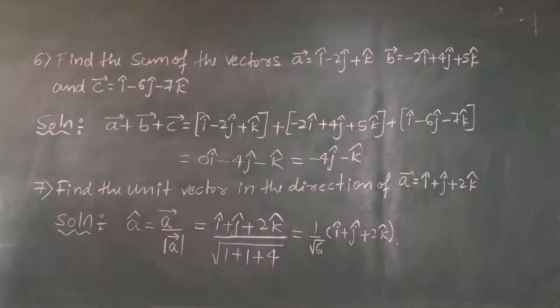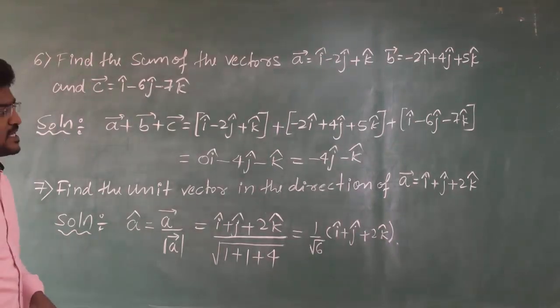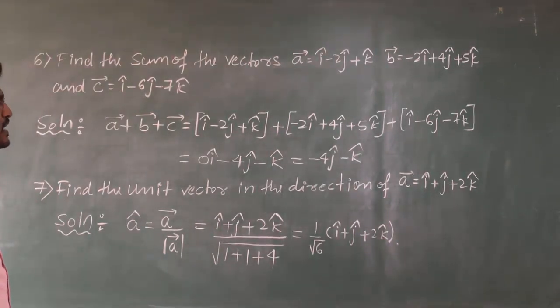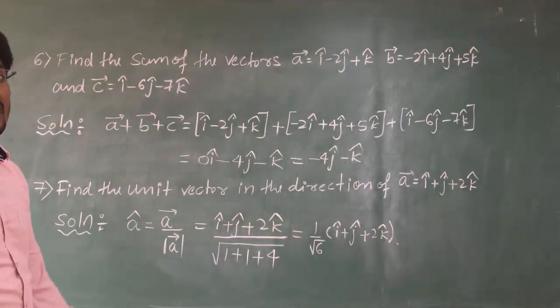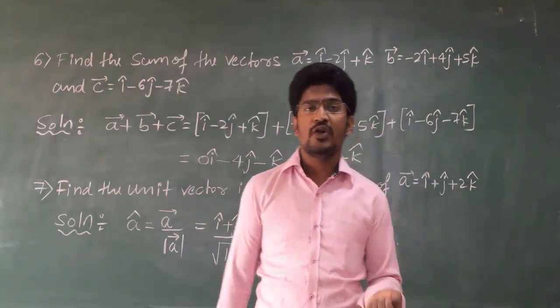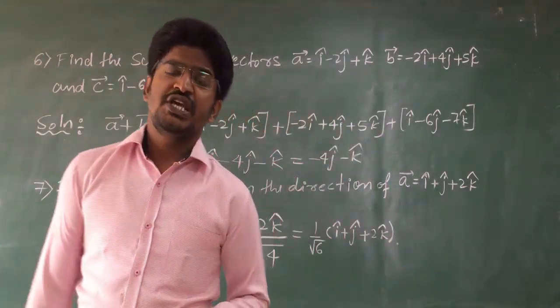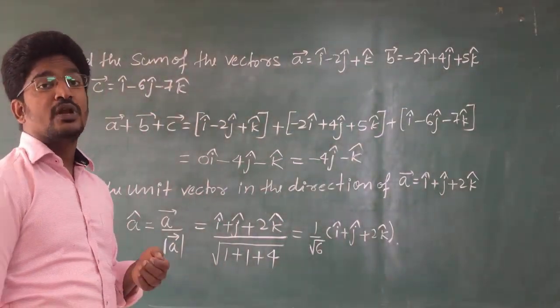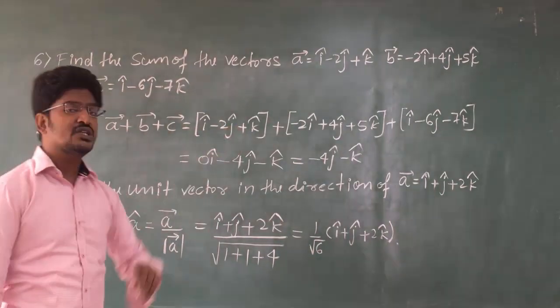So, two very simple problems, problem number 6 and problem number 7. Problem number 6: you have to find the sum of vector A, vector B and vector C. As you all know, whenever you are finding the sum of vectors, you have to add i components with i components, j components with j components, k components with k components. That's why we add all those terms.